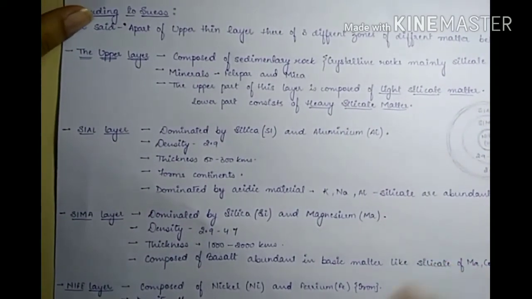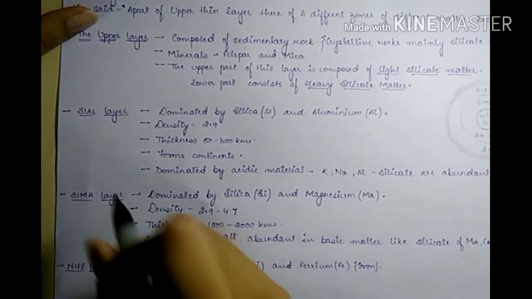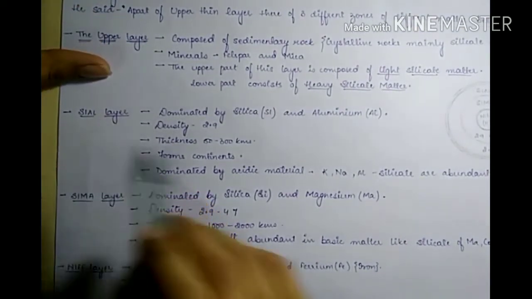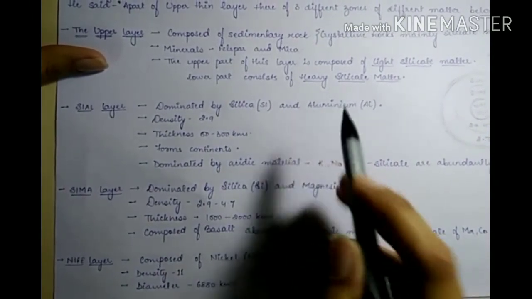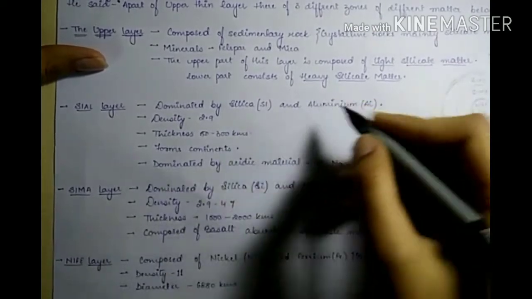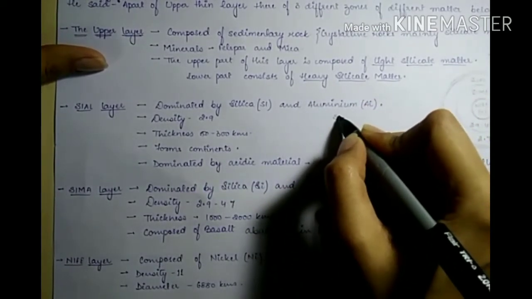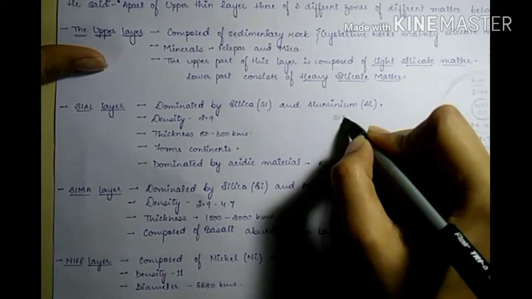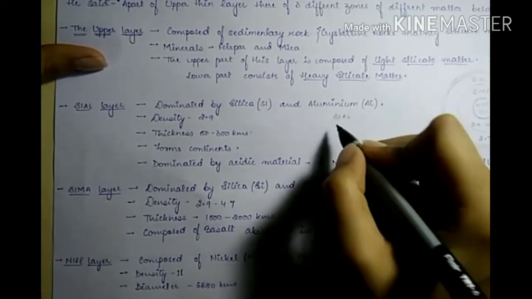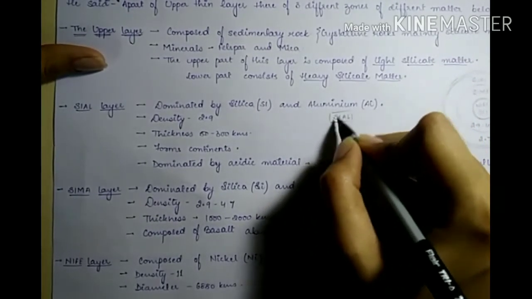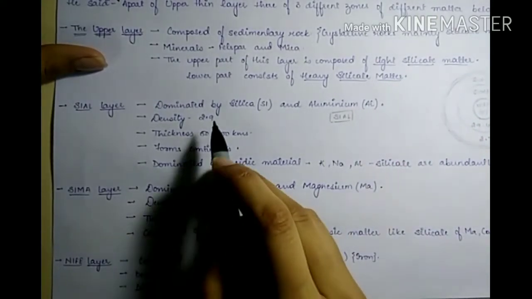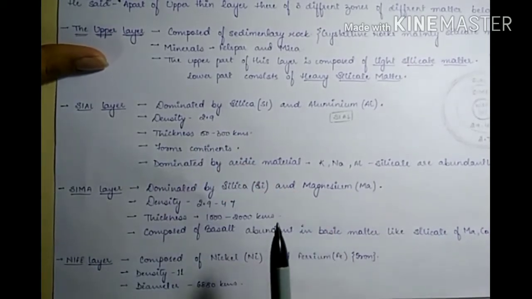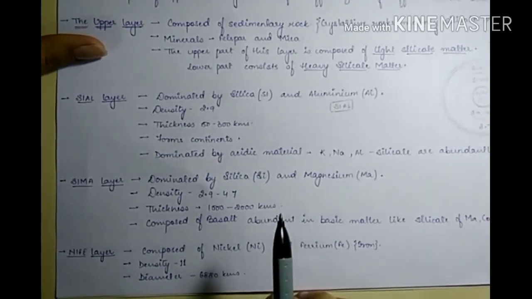Now, the second layer is Sial. Sial layer, it is dominated by silica and aluminium. Okay, so Sial, the word is formed by Si of silica and Al of aluminium. Okay, so these two combine to form Sial. Okay, its density is 2.9 and the thickness is about 50 to 300 kilometers.